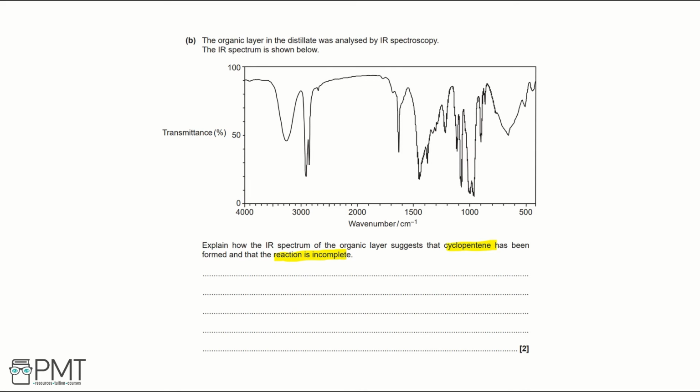If it's incomplete, that means we're going to have some cyclopentanol left. And we can see on the IR spectrum, we've got this smooth curve peak, which is our OH peak. This is probably the easiest peak to identify because it is this smooth curve and all the other peaks are going to be jaggedy.